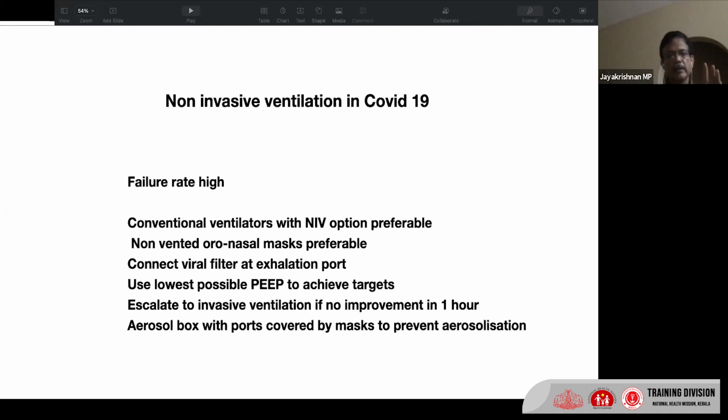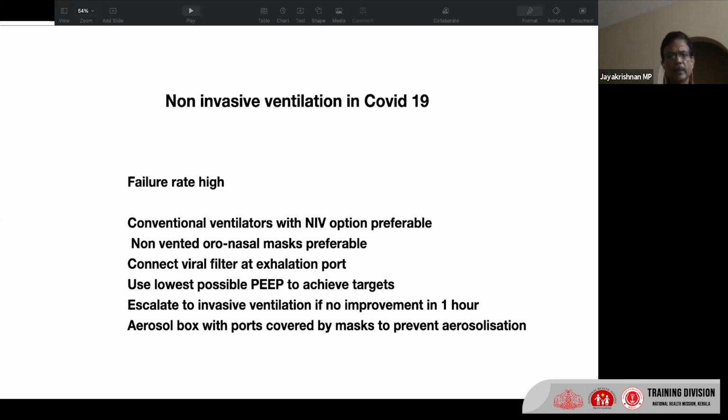HME filter is a heat moisture exchange filter, which can be used instead of a humidifier in a ventilator. That HME filter can be used as a viral filter also, provided the company tells you that it can be used. It will be written there, like viral filter HME. This viral filter can be kept at the exhalation port. That will prevent risk to other people in the room to a certain extent.